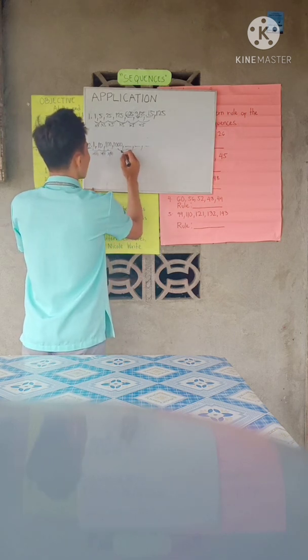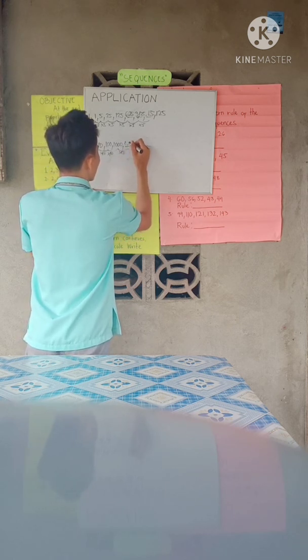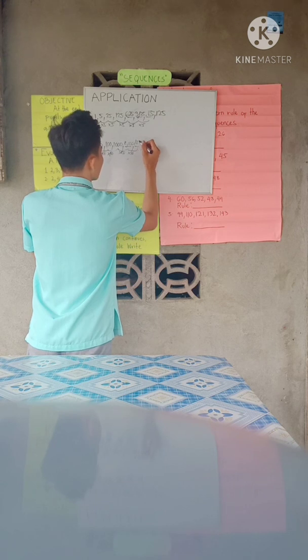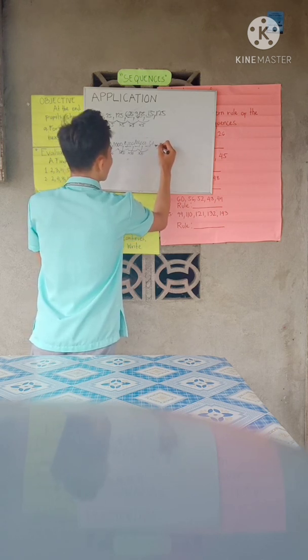And 1,000 times 10 is equal to 10,000. And 10,000 times 10 equal to 100,000. And 100,000 times 10 is equal to 1 million.